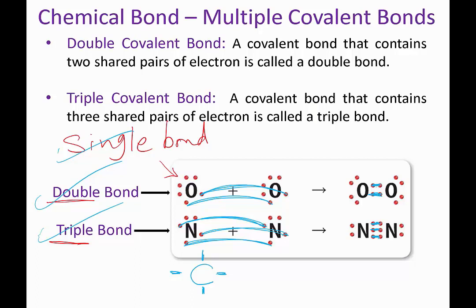Like in case of methane, CH4, that's single bonds. We have four single bonds. Sometimes in some other hydrocarbons, we have a chain of carbons.